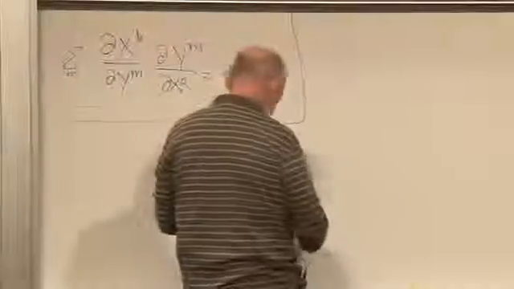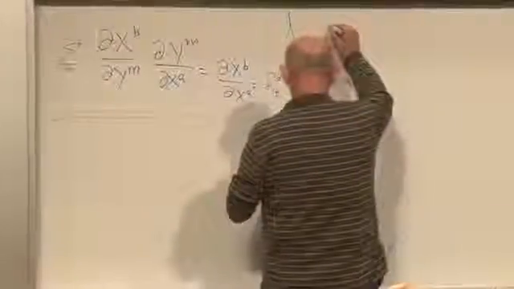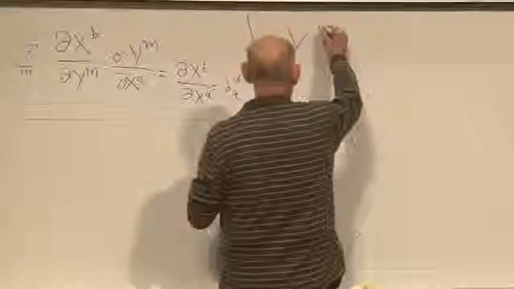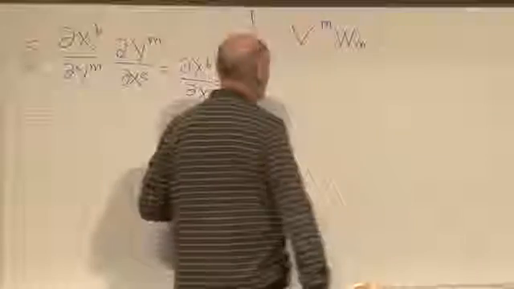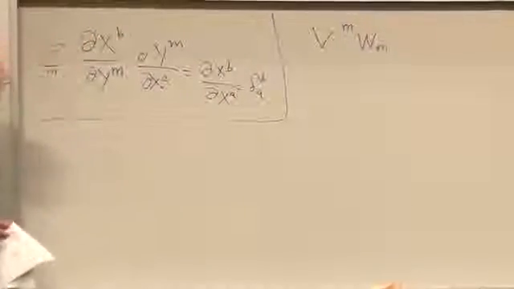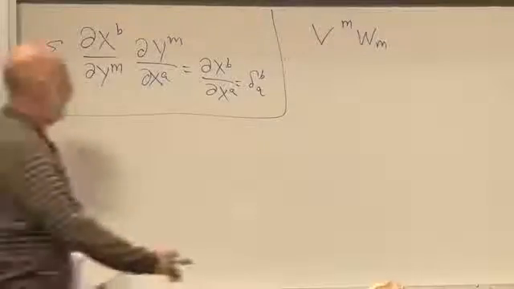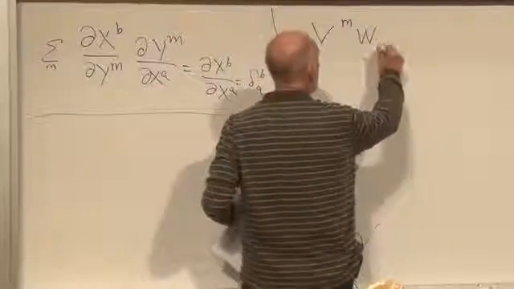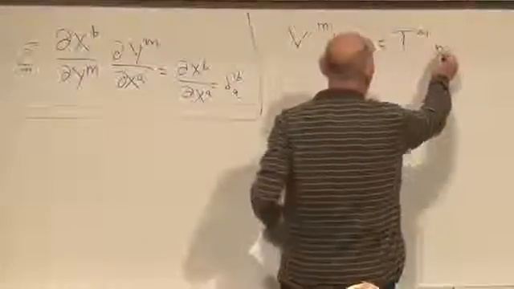All right, as an example, let's take a tensor which is composed out of V and W. V has a contravariant index M and W has a covariant index, excuse me, N. This is the tensor T^M_N.